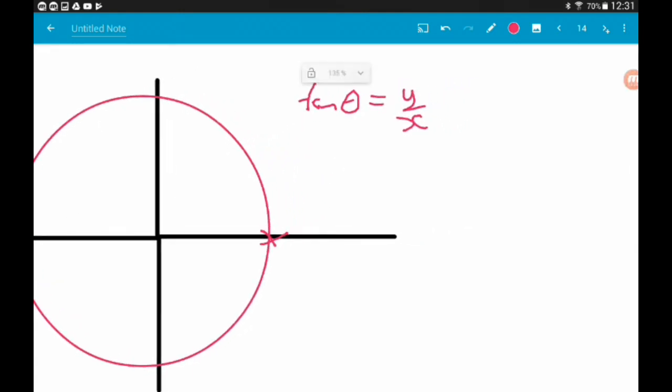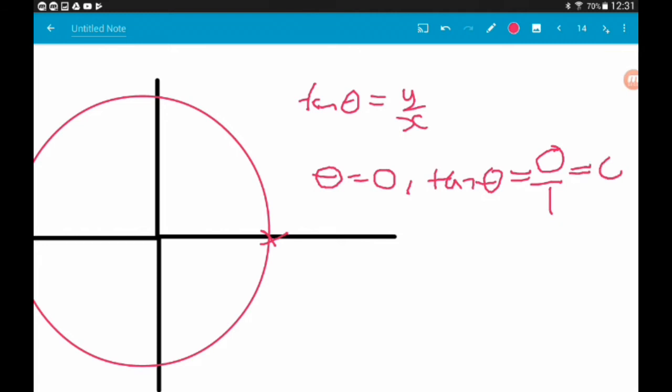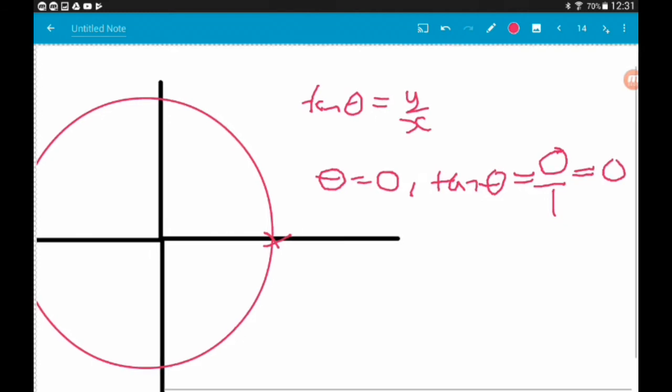So when theta is 0, tan of theta is, well, the y coordinate is 0, the x coordinate is 1. 0 divided by 1 though is 0. So tan of 0 is 0.